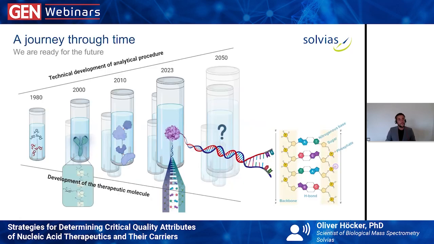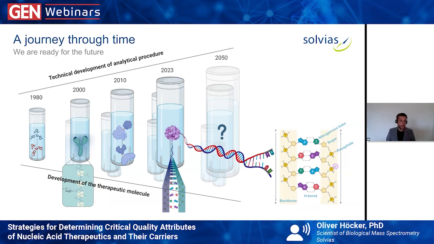So the analytical methods always needed to co-evolve with the development of therapeutic molecules. In the 1980s, most of the pharmaceuticals were small molecules, and they didn't require super sophisticated analytical tools to characterize their quality attributes.